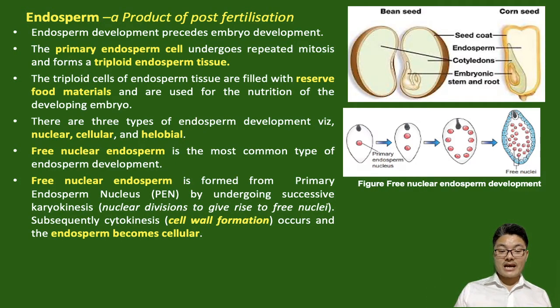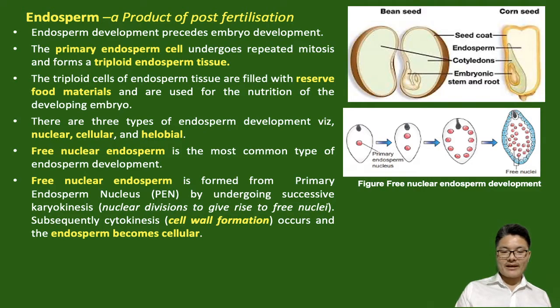First there is occurrence of free nuclear endosperm development, and then cellularization occurs. So both the free nuclear and cellular endosperm development are found in helobial endosperm development.